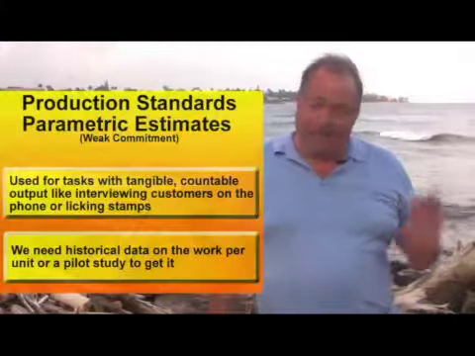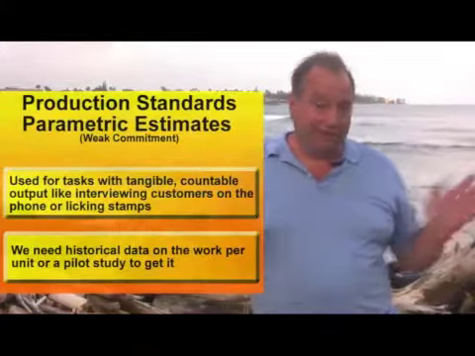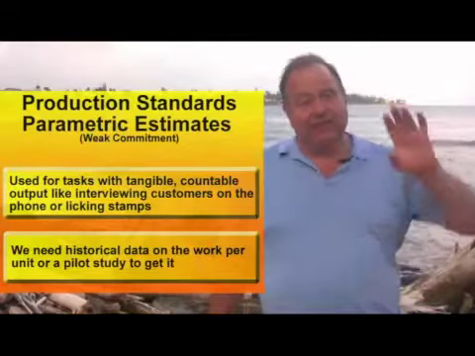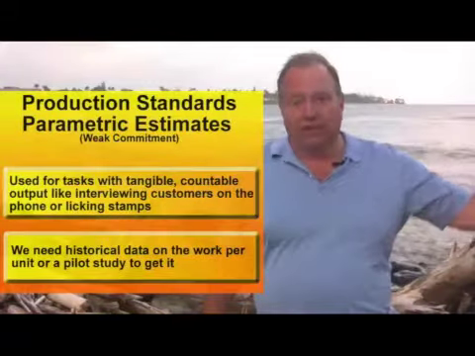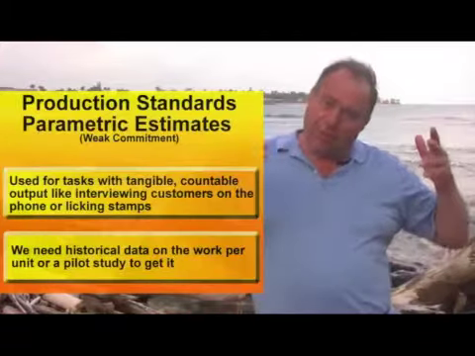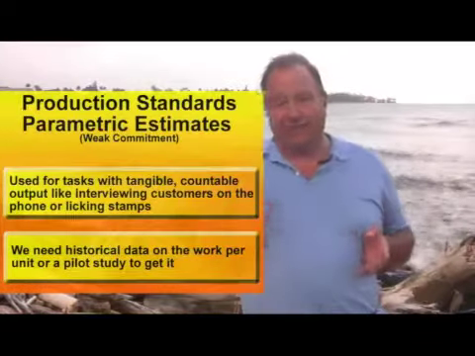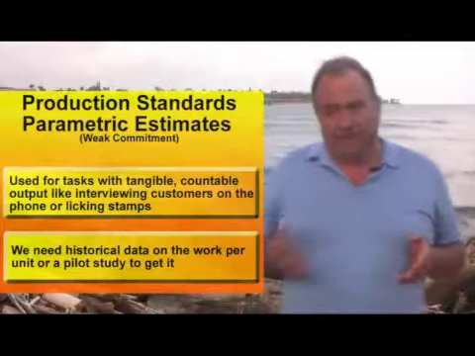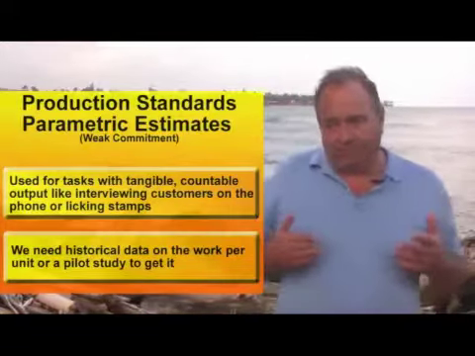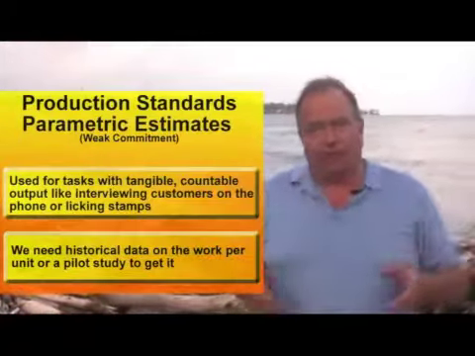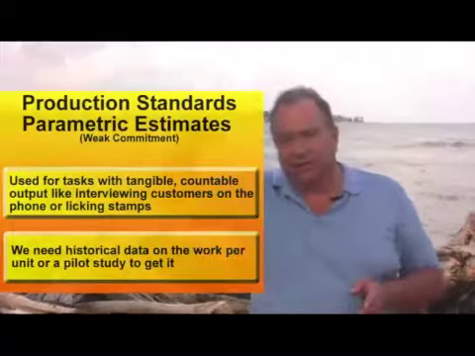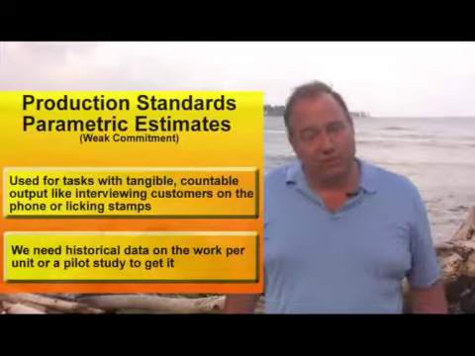Second technique, not as good for commitment, frankly, as the SWAG estimate, but it's the parametric estimate or production standard. That's where we go back to data from previous projects, and we say, well, okay, we've framed an office like this before. Let's look at the last 3 times we did it and how much work it took.